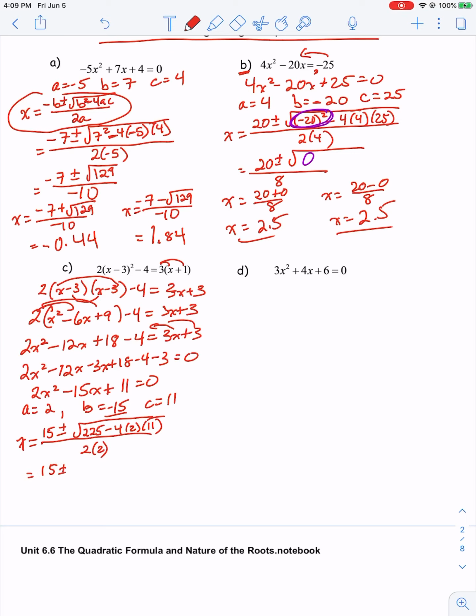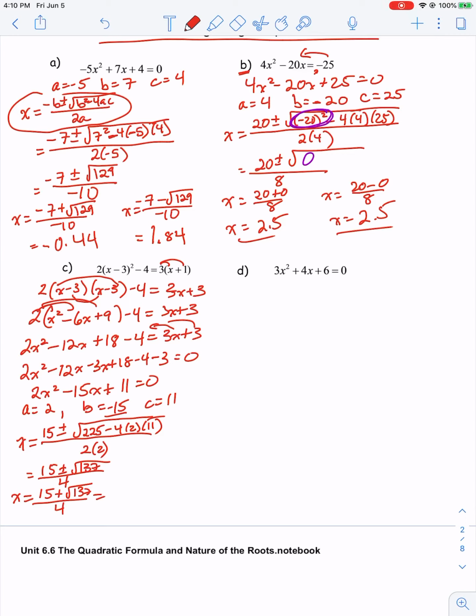So it's 15 plus or minus the square root on my calculator. 225 minus 4 times 2 times 11 equals 137. All over 4. So x is 15 plus root 137 all over 4.